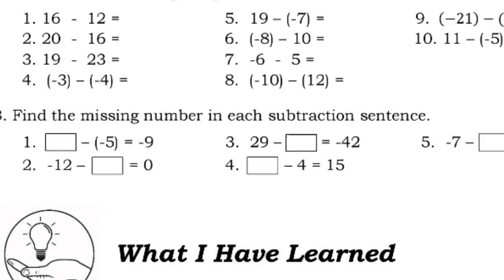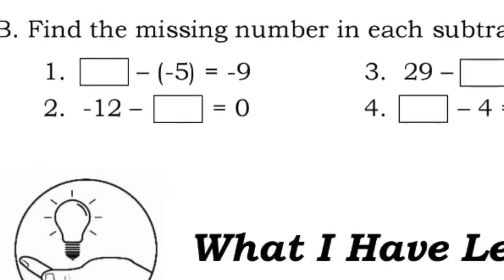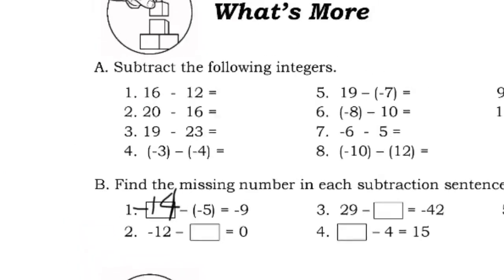Blank minus negative 5 equals negative 9. So, what number are we going to supply here? The answer here will be negative 14. Negative 14 minus negative 5 is equal to negative 9. So, we're going to answer 2, 3, 4, and 5.